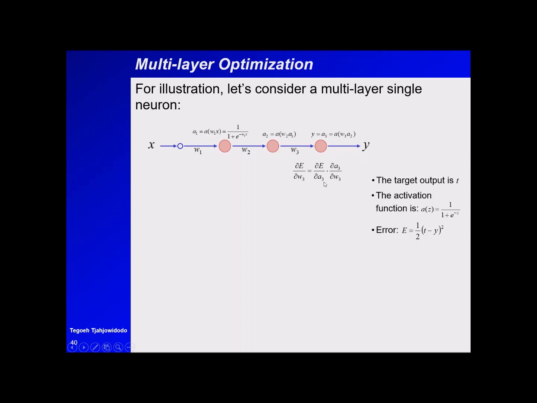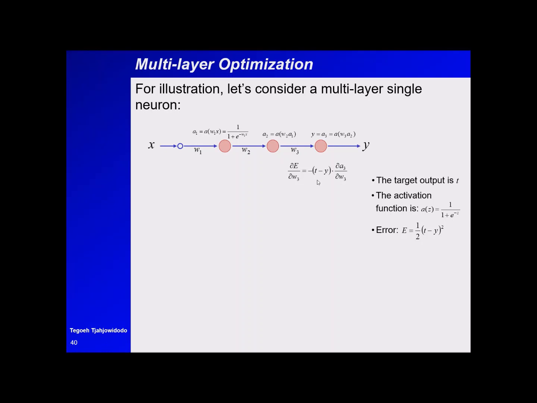It's just a chain rule. And then I can rewrite the first derivative of error with respect to a3 into something like this, right? Because a3 is equal to y, basically, the first derivative of error with respect to y will be equal to negative t minus y. So using this updating factor, minus alpha, the learning rate, times this value, we can update the W3 in the first iteration.